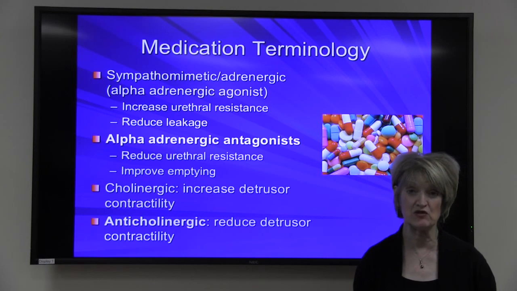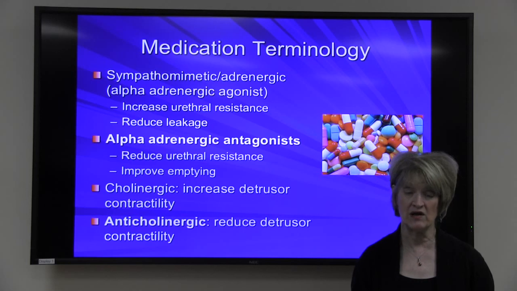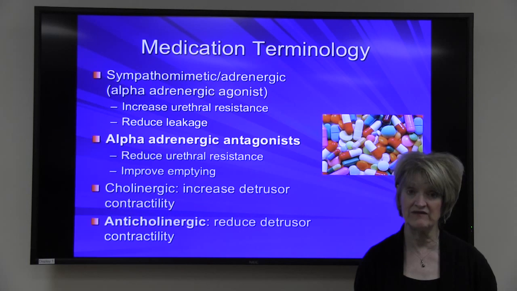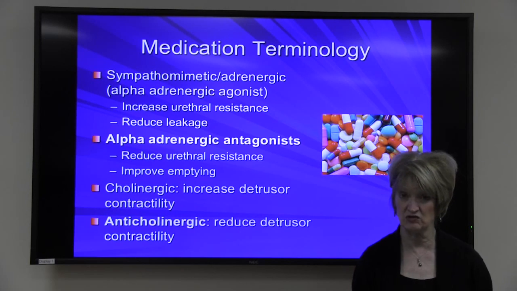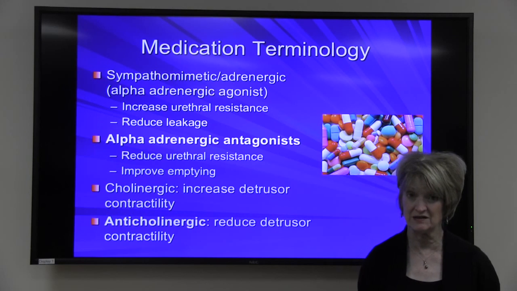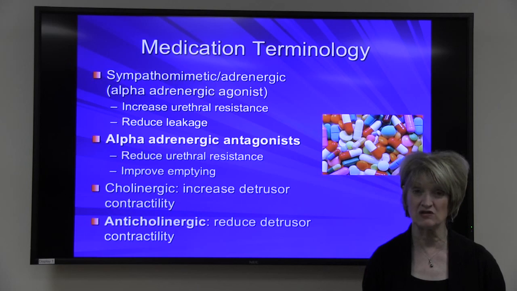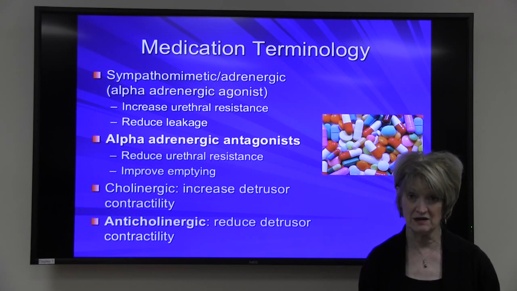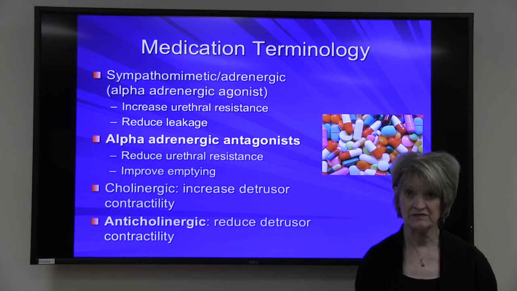It's going to be beneficial for that male with an enlarged prostate gland. And in fact, that's exactly when we use alpha-adrenergic antagonist, is for men with prostate enlargement and difficulty emptying. So how many of you have given tamsulosin, Flomax? So that's an alpha-adrenergic antagonist.